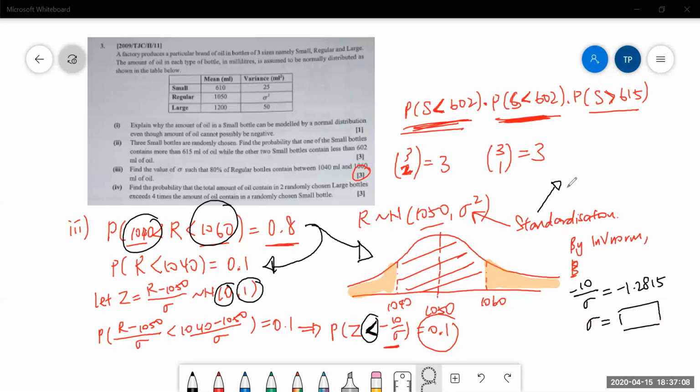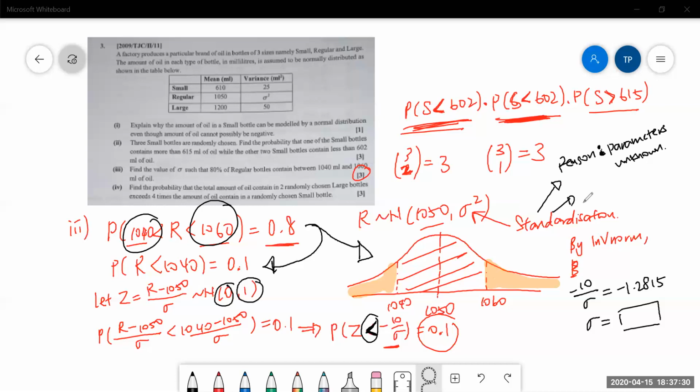Whenever you want to standardize, the reason for standardizing is because the parameters are unknown.